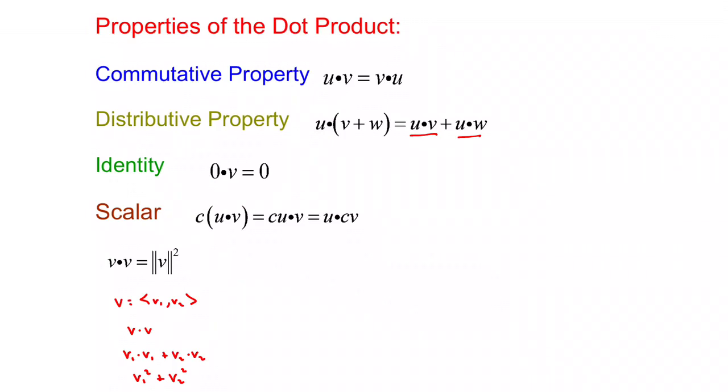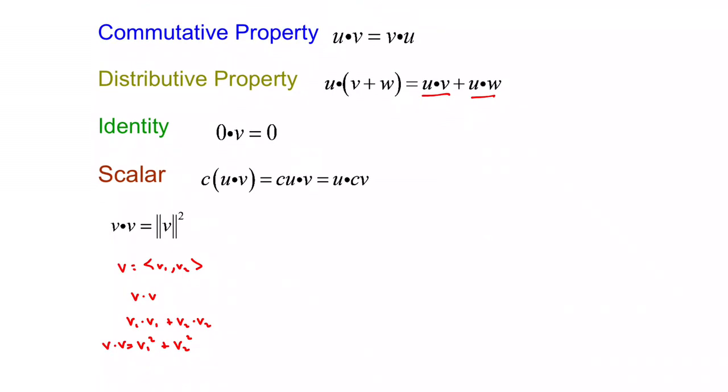So that would be the dot product of v with itself. All right, let's look at the magnitude. So the magnitude of v would be equal to the square root of v sub 1 squared plus v sub 2 squared.